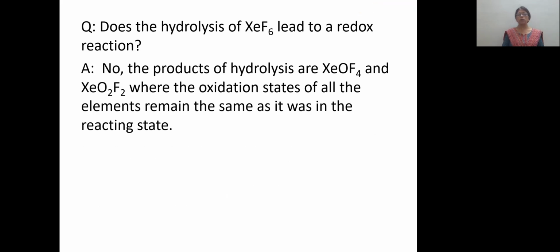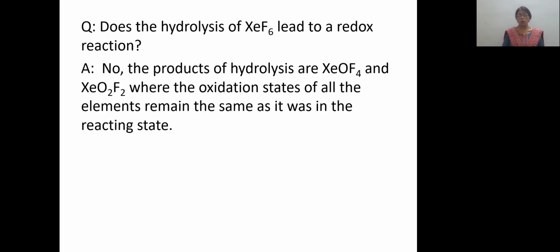Does the hydrolysis of xenon hexafluoride lead to a redox reaction? Now, the answer is no. The products of the hydrolysis are xenon oxyfluoride XeO2F2 and xenon, where the oxidation states of all the elements remain the same as they were in the reacting state.